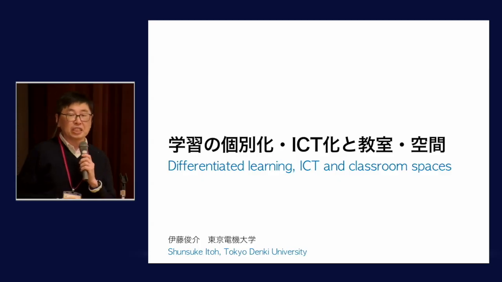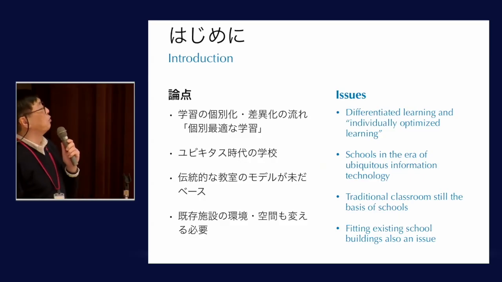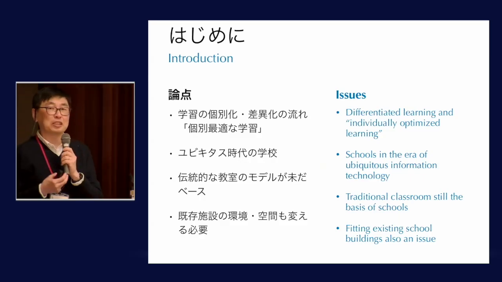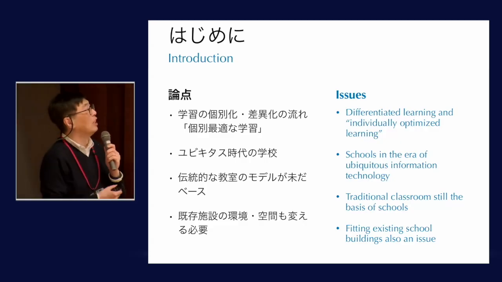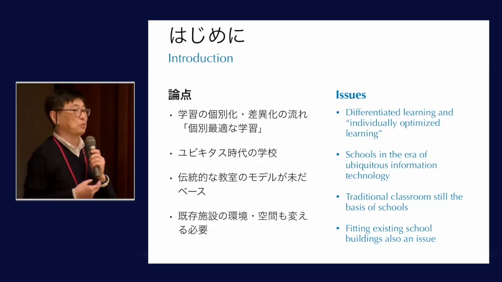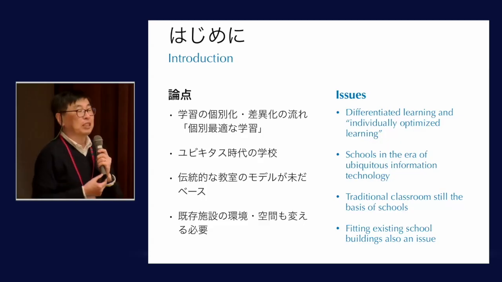So, talking about the architecture of school buildings. Recently in Japan we are talking about differentiated learning and individually optimized learning. Schools in the era of ubiquitous information technology are used.